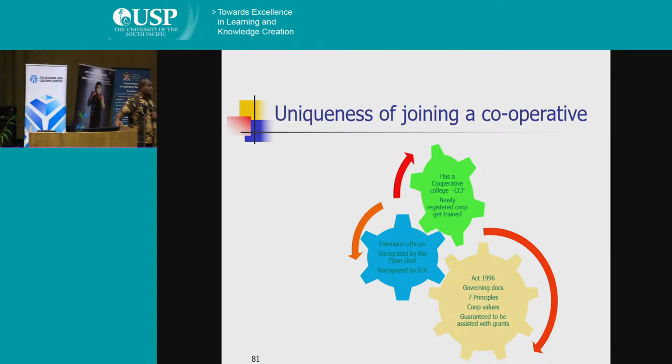Once you get registered, the name will also be recognized internationally. You are part of a training program. We have a training program for cooperatives who travel to Israel, Malaysia, and Japan.